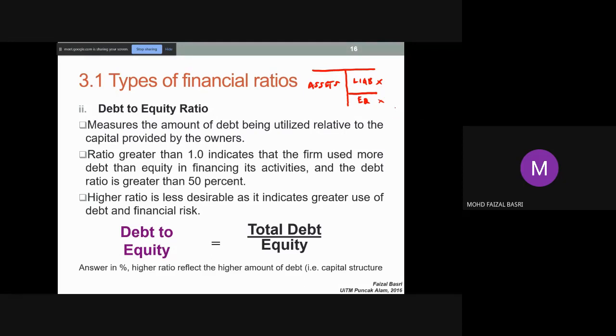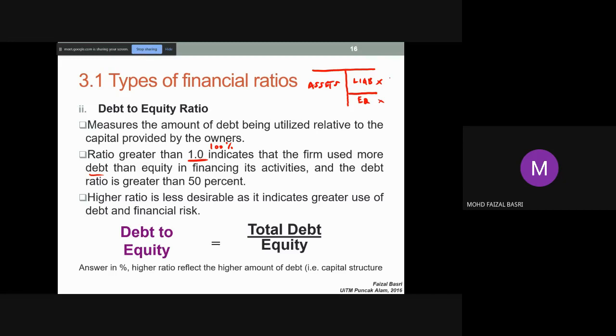This is actually an alternative way to measure the level of debt of the company. A ratio greater than 1.0, or if you convert to percentage, more than 100%, indicates that the firm uses more debt as compared to equity. The higher ratio is less desirable, which indicates greater use of debt. Therefore, when they have a lot of usage of debt, it indicates a higher financial risk.